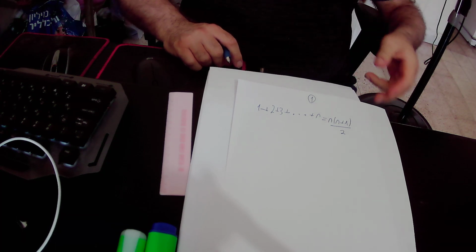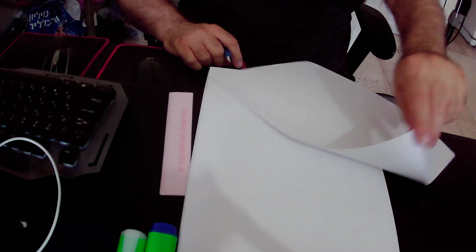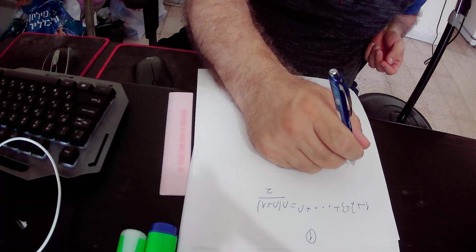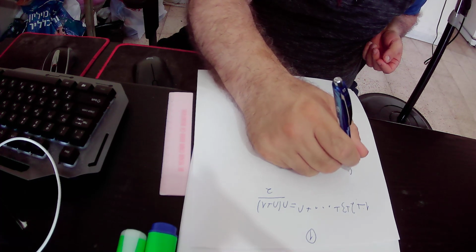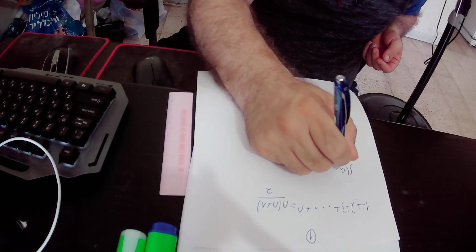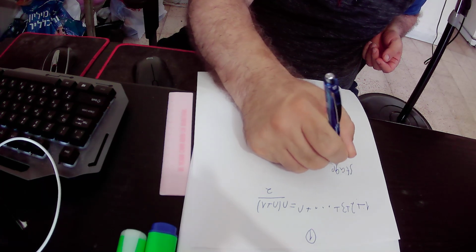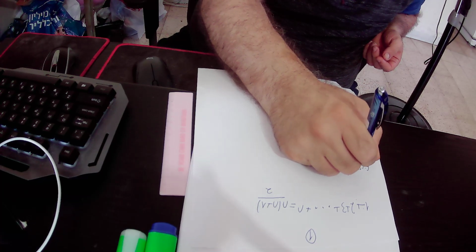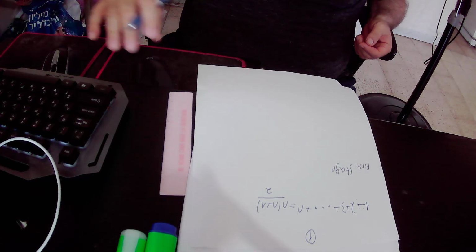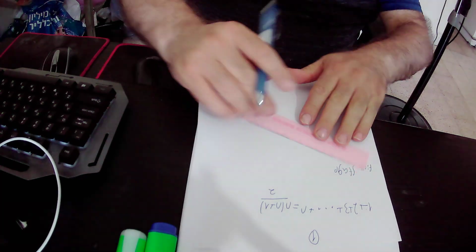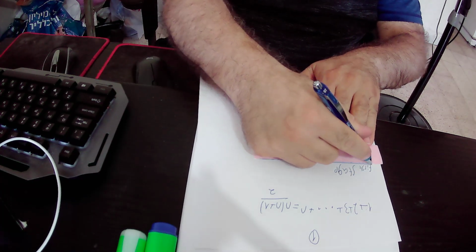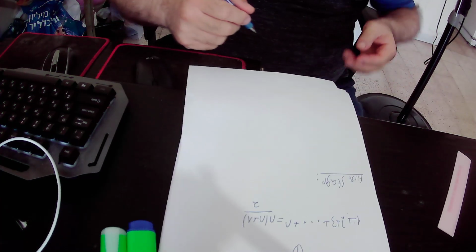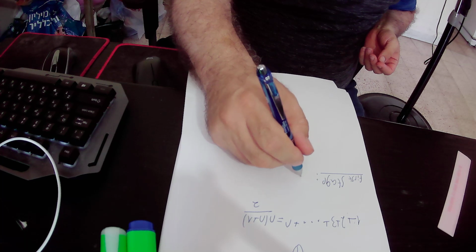Okay, so we'll start with the first stage. In the first stage, we will check if the statement is true for n equals 1.